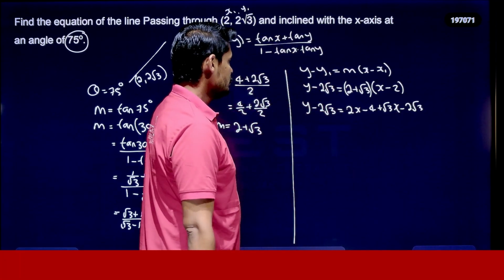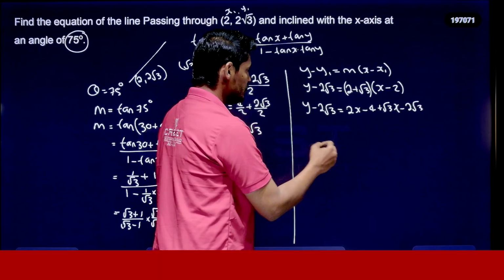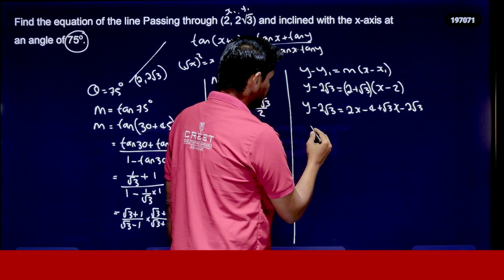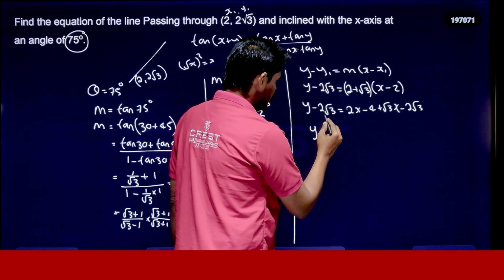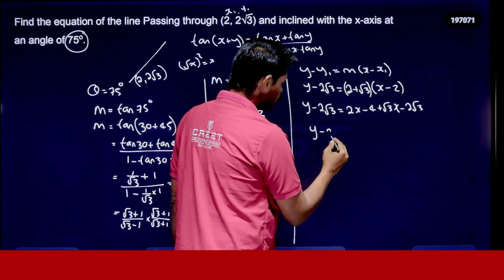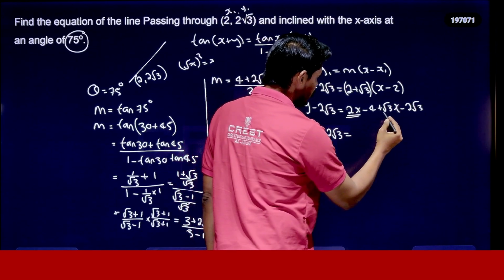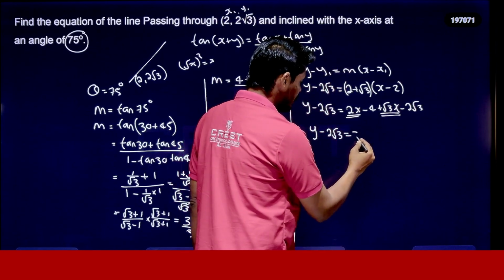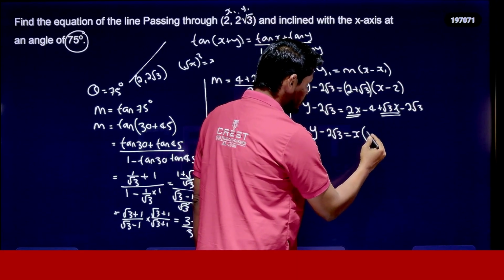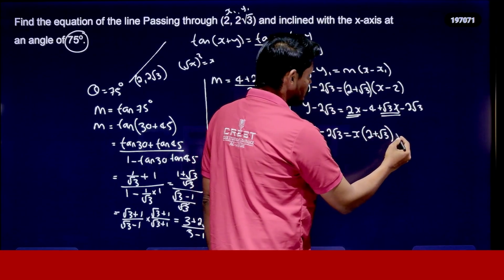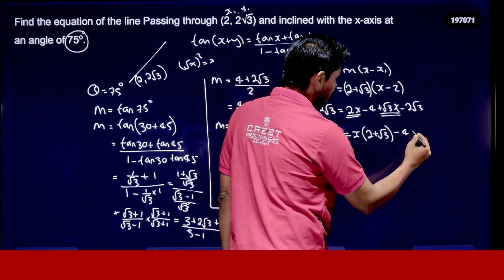Okay. So your answer becomes, we have here y minus 2 root 3. You can combine, there is 2x, here there is also an x, you can take x outside, you will get 2 plus root 3. And we have a minus 4, and we have a minus 2 root 3.